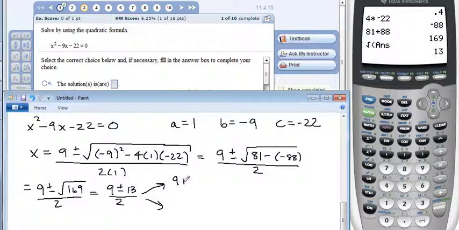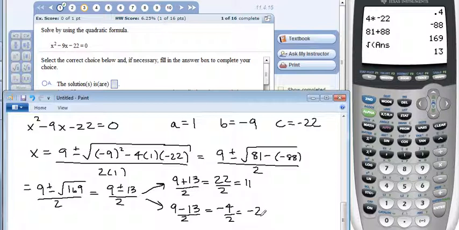Okay, and here's where we split. We have 9 plus 13 over 2, and we have 9 minus 13 over 2. We've got to use this plus minus thing. 9 plus 13 is 22 over 2, which is 11. There's one answer. And 9 minus 13 is negative 4 over 2, which is negative 2.